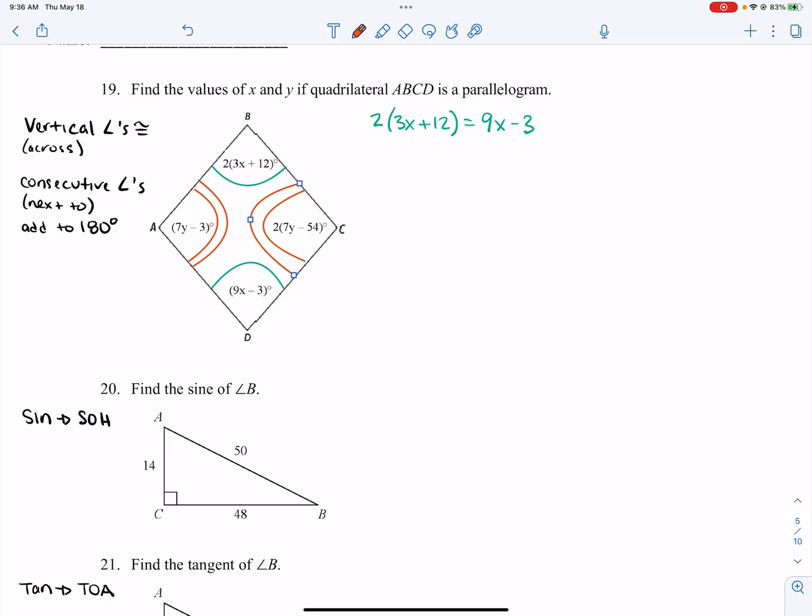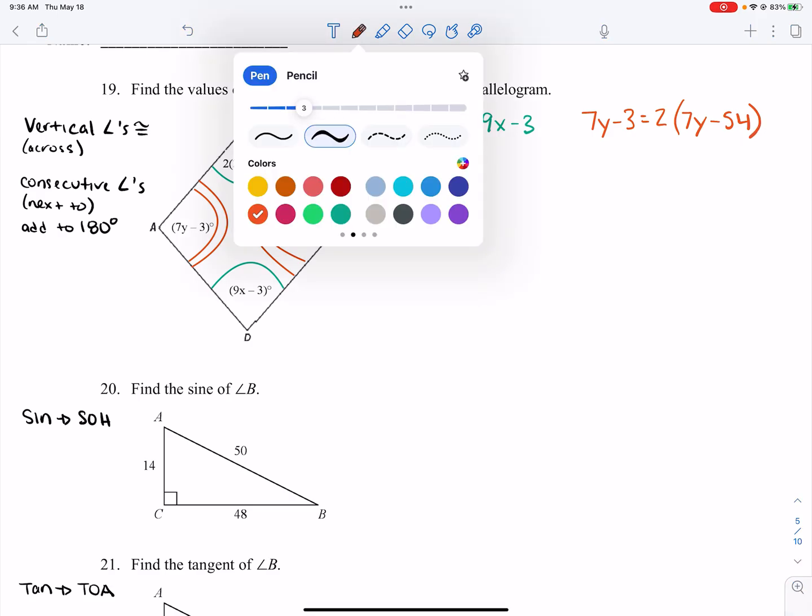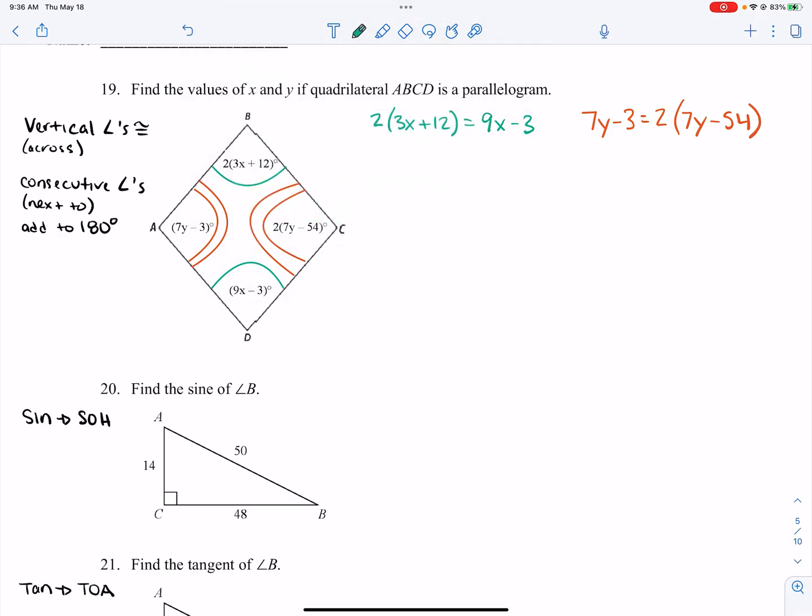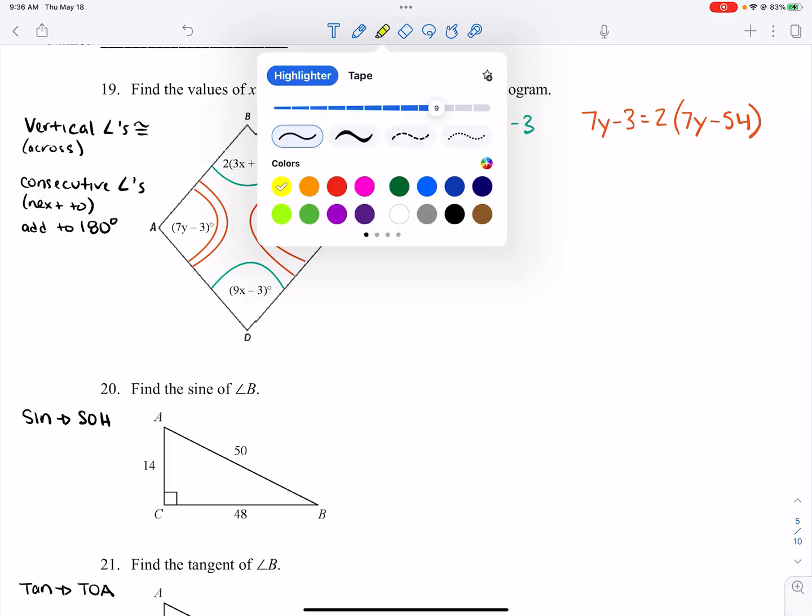So I can do 7y minus 3 equals 2 times 7y minus 54. I have to solve both of these because they want to know x and y. They want to know both.